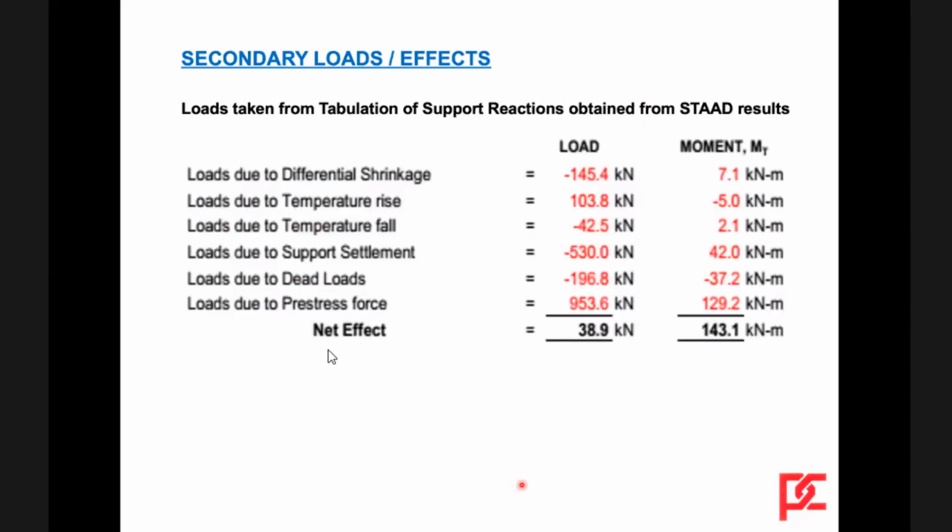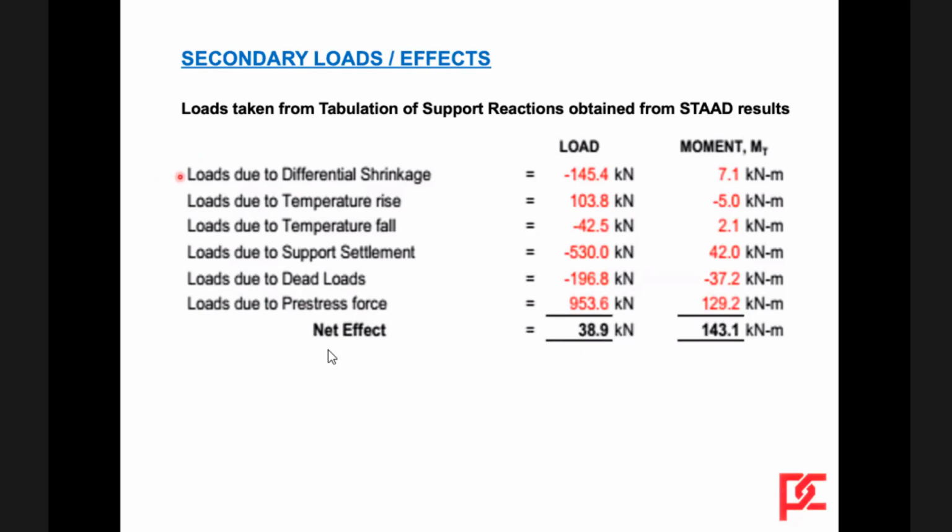And because this is a 4-span continuous structure, there are some secondary loads on the substructure because of the continuity of the superstructure, like differential shrinkage, because it is a PSC girder and RCC composite superstructure.